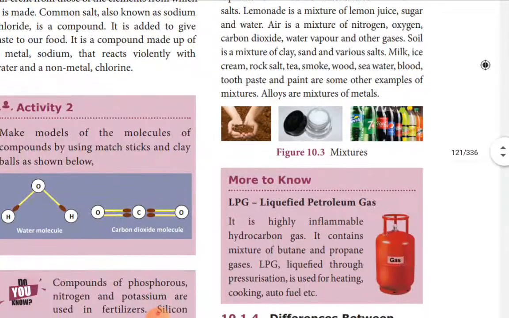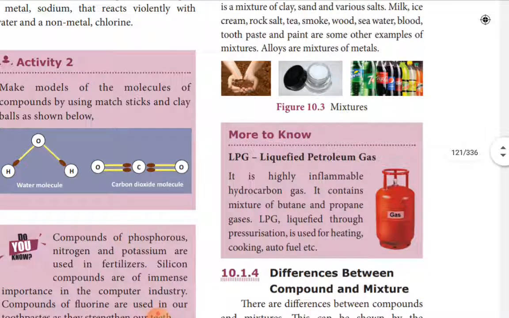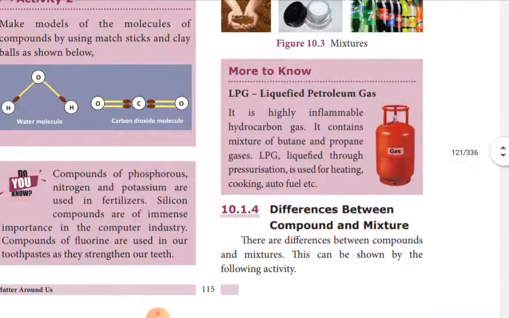Next, see the more to know, it is given LPG. Already you have learned that LPG is the short form of liquefied petroleum gas. The petroleum gas is obtained from the crude oil, which is heated. The vapors of crude oil are obtained and condensed because it is volatile, and the gas is obtained.